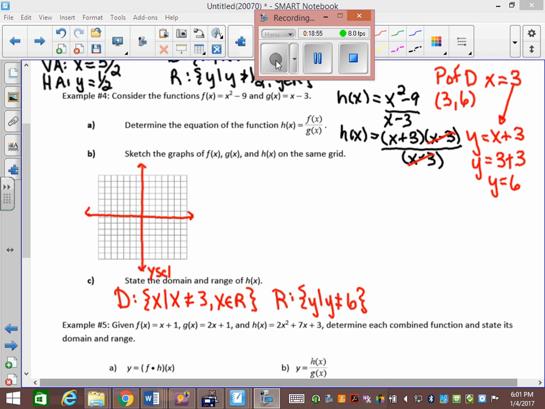I'm going to make it be 1. I know this is silly because I'm drawing off of the graph, but it'll just be easier. And then the x scale will be 1 as well. So if I go to draw f of x equals x squared minus 9, I know my vertex, because this is x plus 0 squared minus 9, is at 0 and negative 9. So 1, 2, 3, 4, 5, 6, 7, 8, 9. Okay. I know when I factor it, I get x plus 3 and x minus 3. So when I solve those, I'm going to get x equals 3 and x equals negative 3.